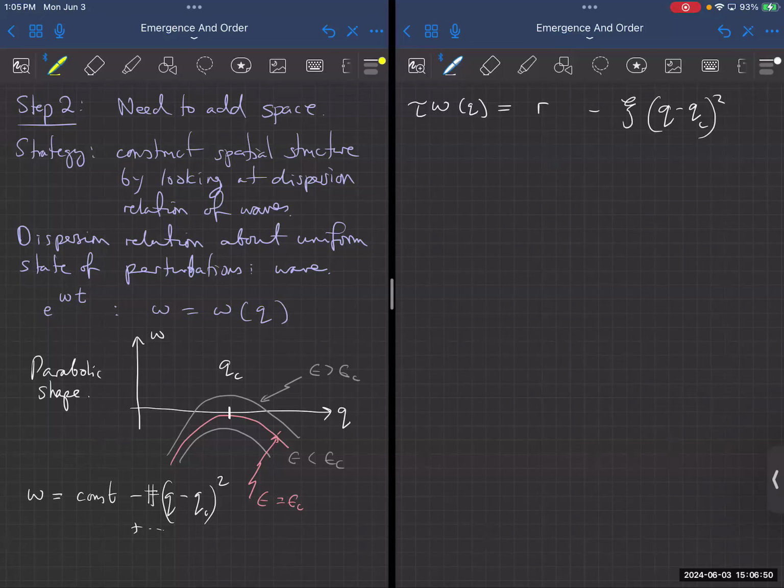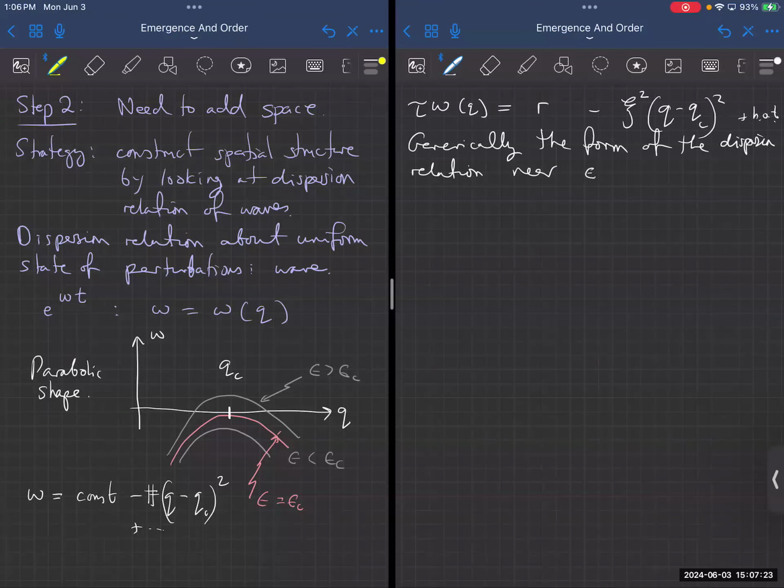I'll call that length scale psi. And then there are higher order terms, which go like q cubed and so on. So this is generically the form of the dispersion relation for epsilon just greater than the threshold.